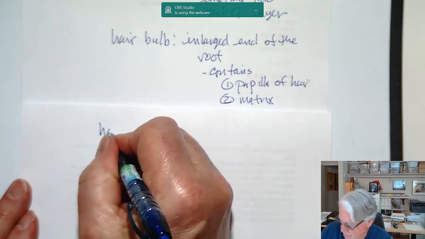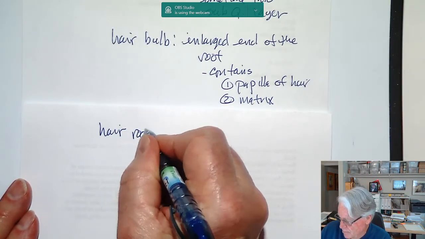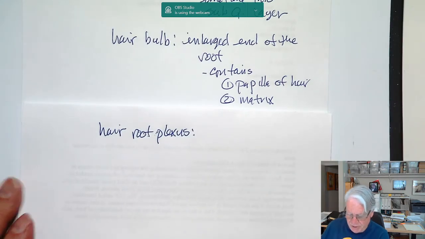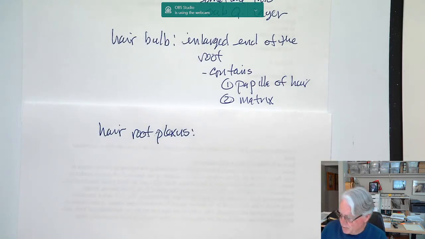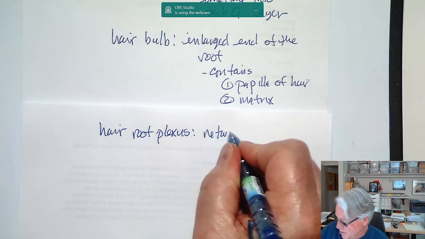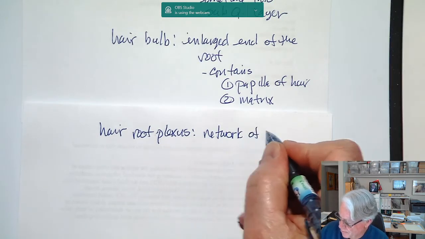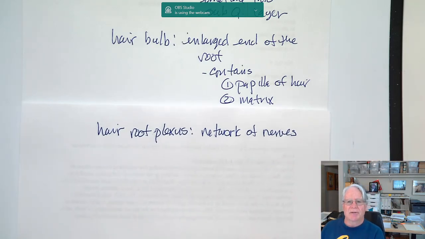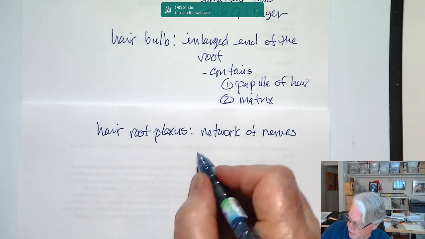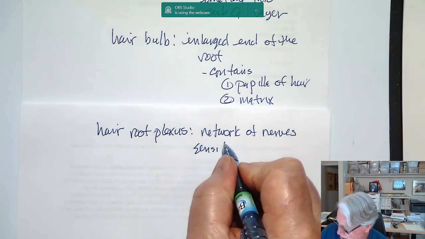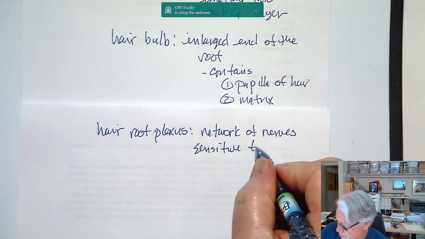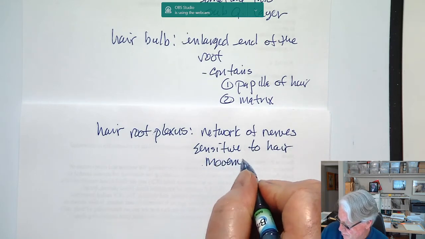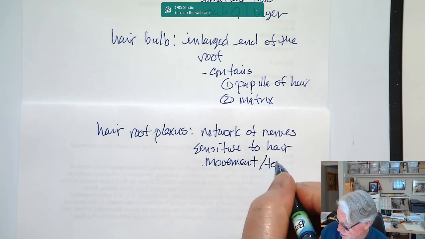And now the hair root plexus is a network of nerves that are sensitive to hair movement and touch.